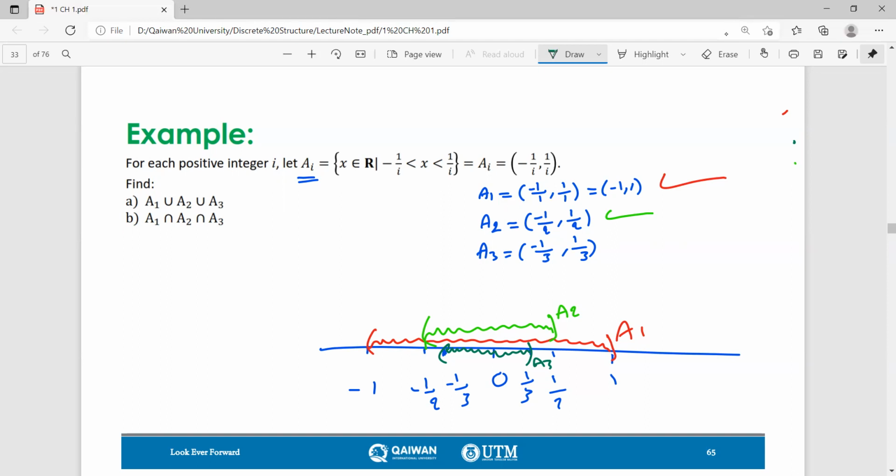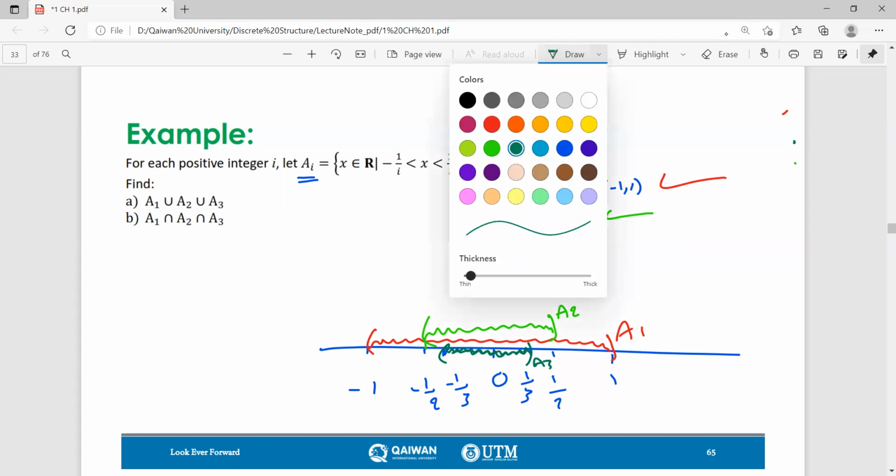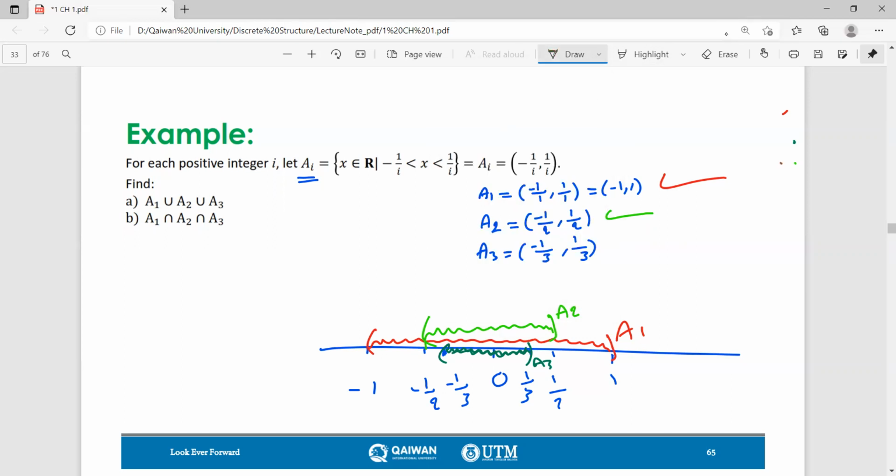As you see, this area belongs to all sets. So this is the intersection.